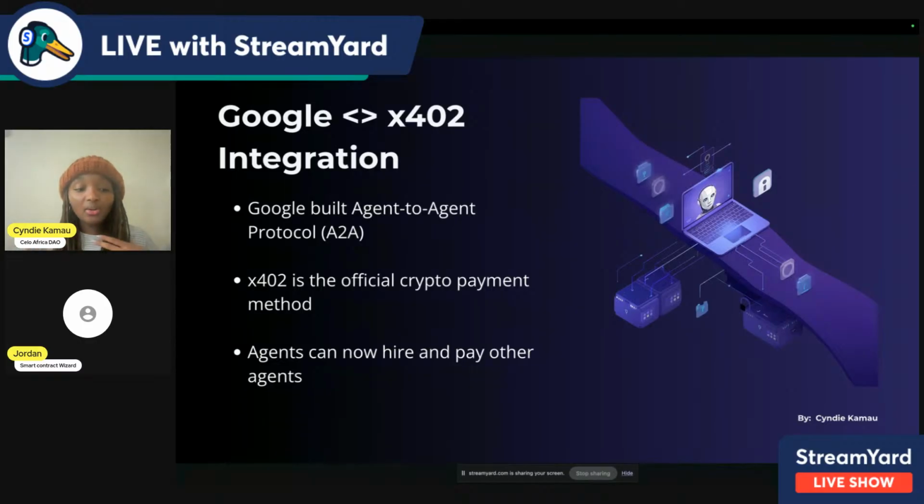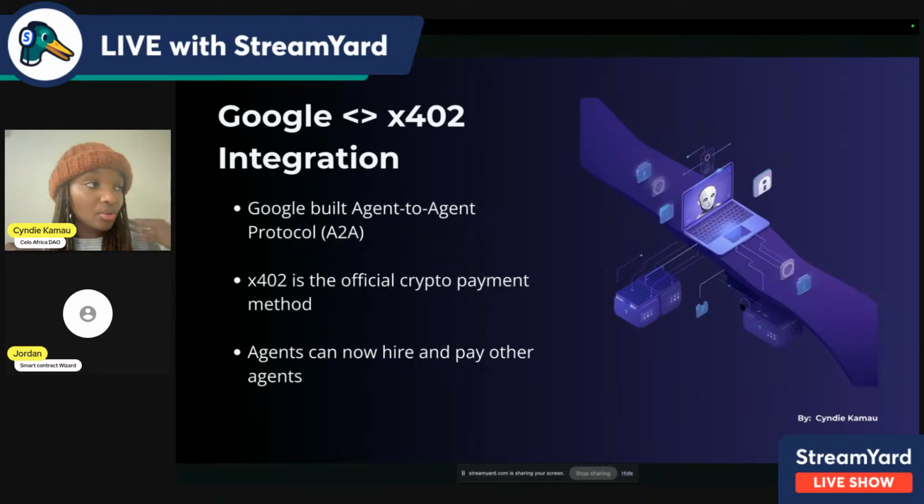Then Coinbase decided to build the x402 payment protocol using crypto. So they decided, you know what, we are going to work together: you've built the agent-to-agent protocol system, we are coming with the payment flows that will help these agents. Agents can talk to each other, and they pay each other whatever they need.